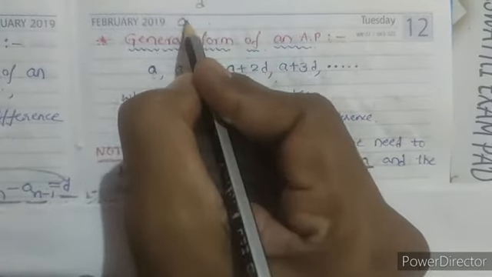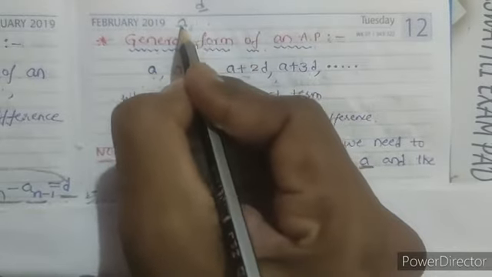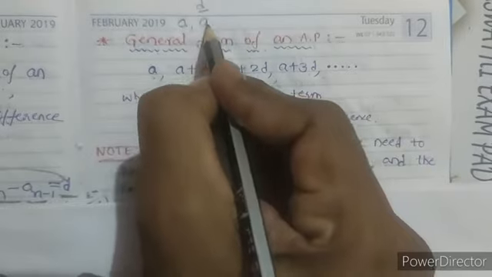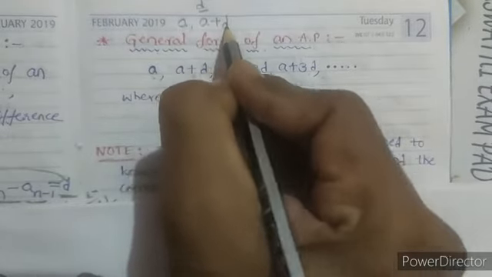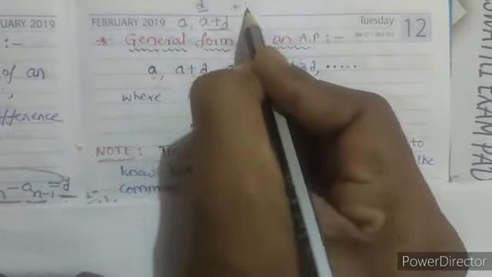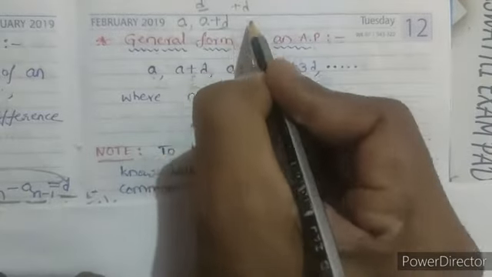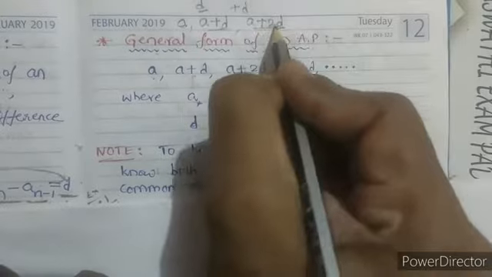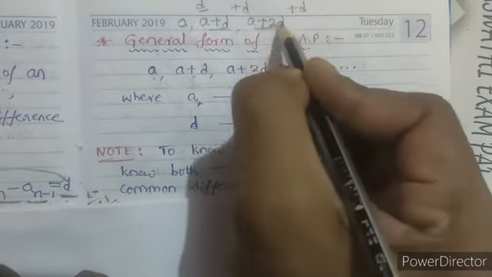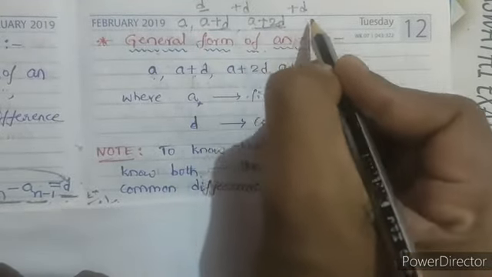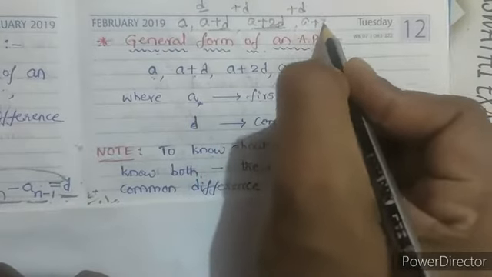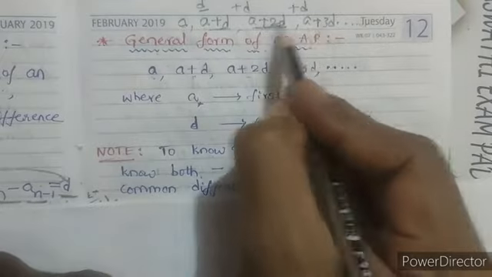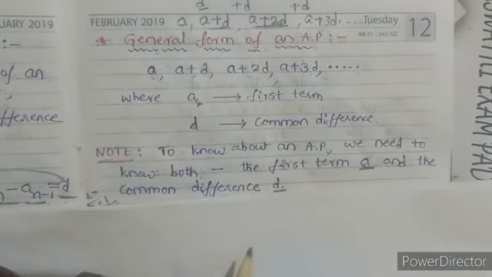So if you add this fixed number to the preceding number, you will get the next number, that is a plus d. Now for this, if you add plus d, so a plus d plus d, that is a plus 2d. Now for this number, if you add the fixed number, that is d, a plus 2d plus d, that is a plus 3d and so on. This is the general form of an arithmetic progression.